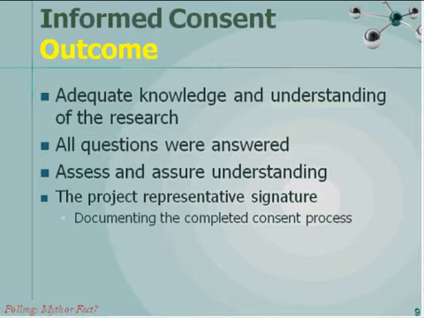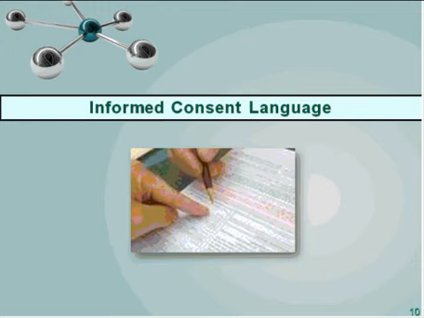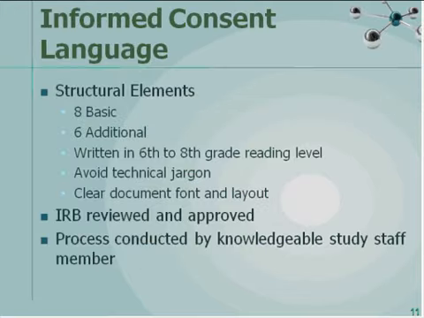Okay, before I discuss a bit of detail about the structural elements of the informed consent document, I wanted to highlight the last 3 bullets in this slide that talk about the fact that we need to write the consent at the 6th to 8th grade reading level, and that we need to avoid technical jargon, and I would add abbreviations and acronyms, and that the document should be written in a clear font with correct grammar and punctuation.